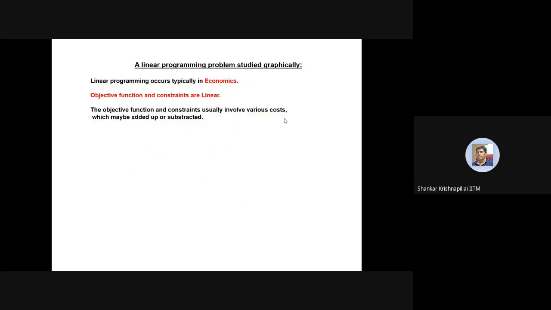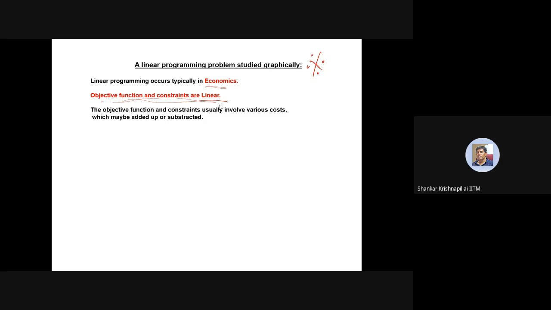So linear programming problem studied graphically. This is highly important because many people study and talk about linear programming without understanding what it is. So linear programming typically occurs in economics or industrial engineering. Here the objective function and constraints are linear.